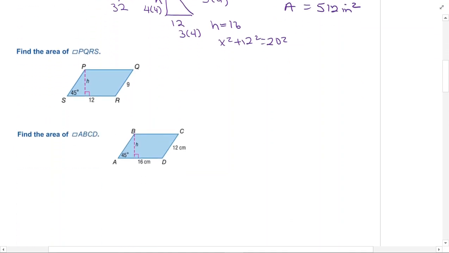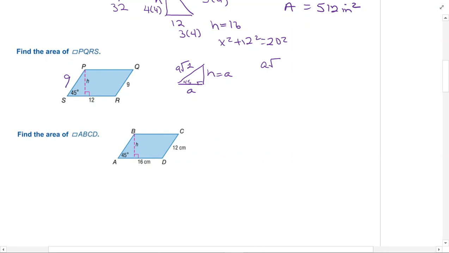The next problem is also missing the height. But if you notice, we have a 45-45-90 triangle where one of the legs is the height. So we have the height that we're missing here. We have that this is 45. So this is A rad 2, and both of these sides are A. So this side here is 9 since opposite sides are congruent.